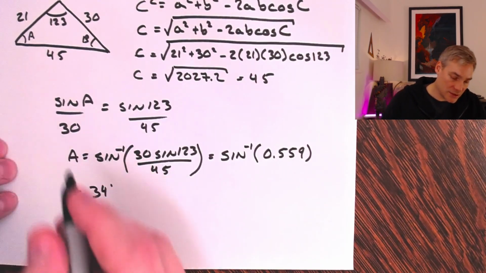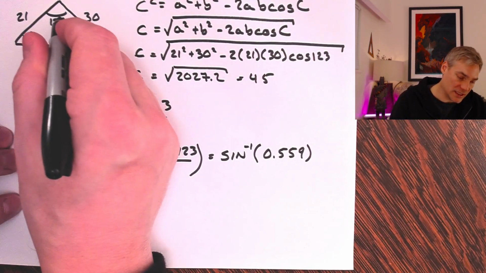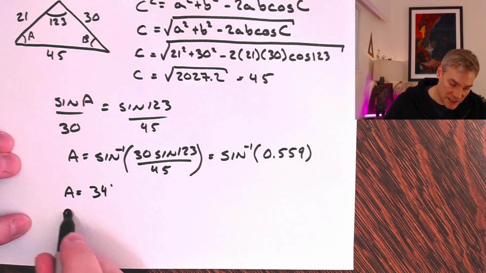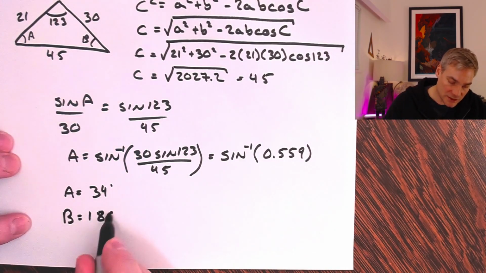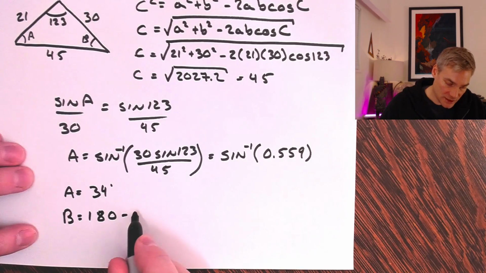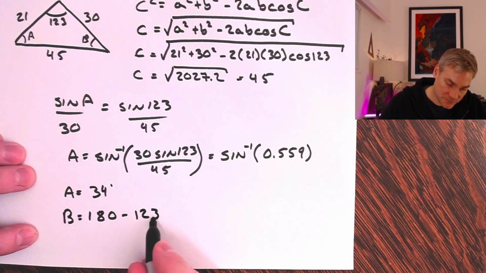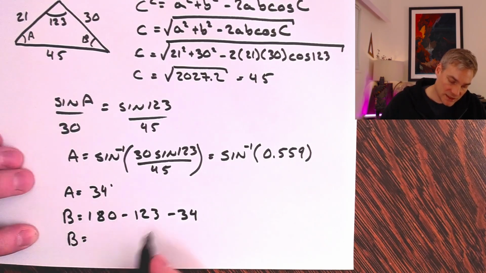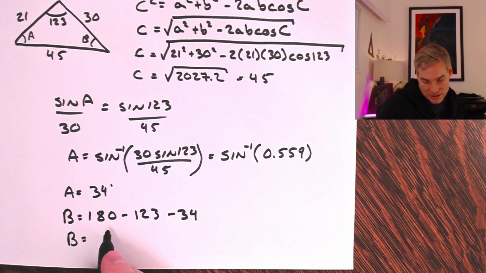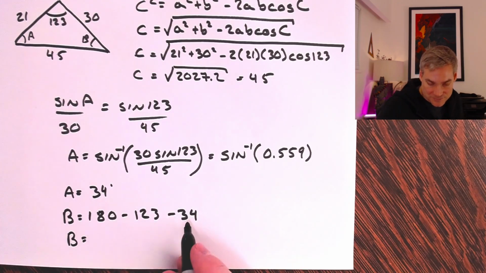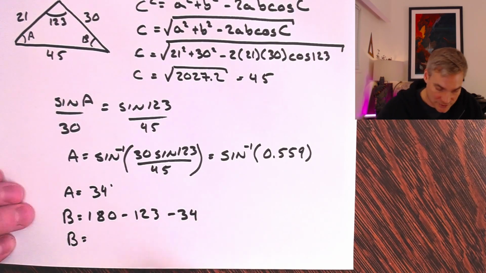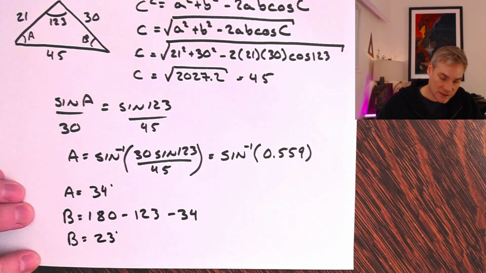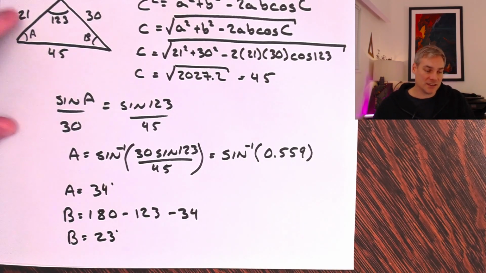Okay, so now I know angle C and angle A, so angle B is just 180 degrees minus 123 minus 34, which tells me that angle B is, 123 plus 34 is 157, so that's 23 degrees. So now we found all our sides and all our angles.